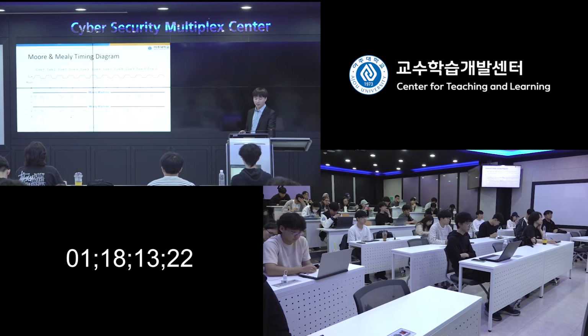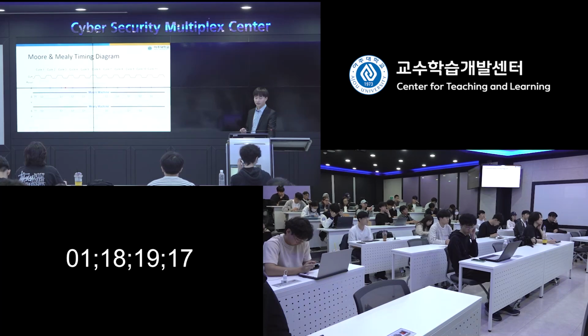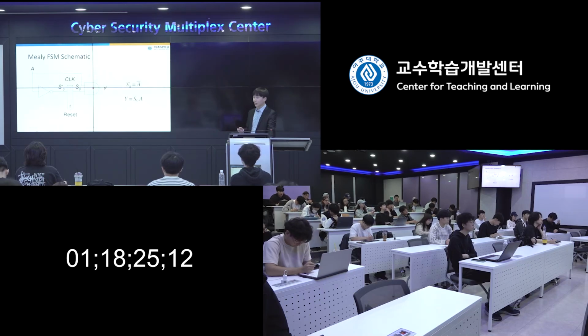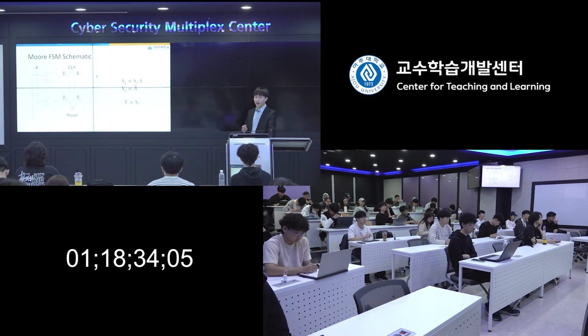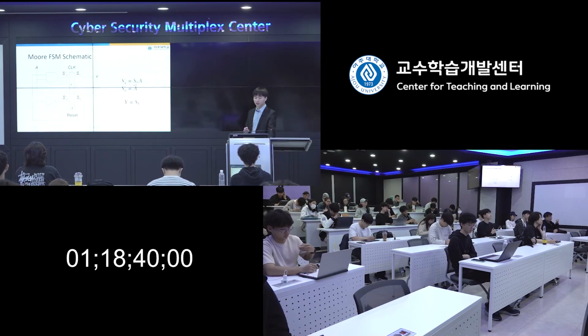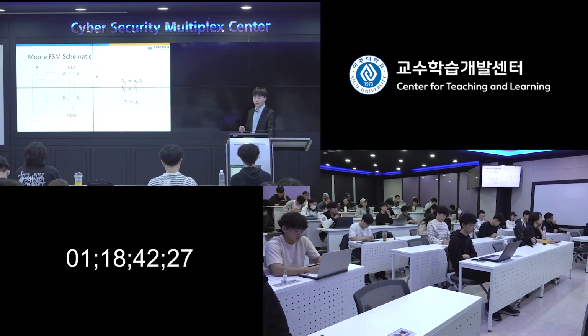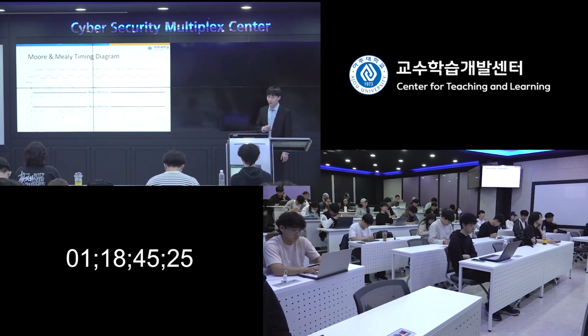Because the Mealy machine is affected by the input A, once input A has some shift, it directly affects the output Y. On the other hand, the Moore FSM is only affected by the current state, so the input is delayed through the register before it affects the output Y. You will see the Mealy output Y immediately reflects this because it detected the 0-1 pattern and generated the true output.